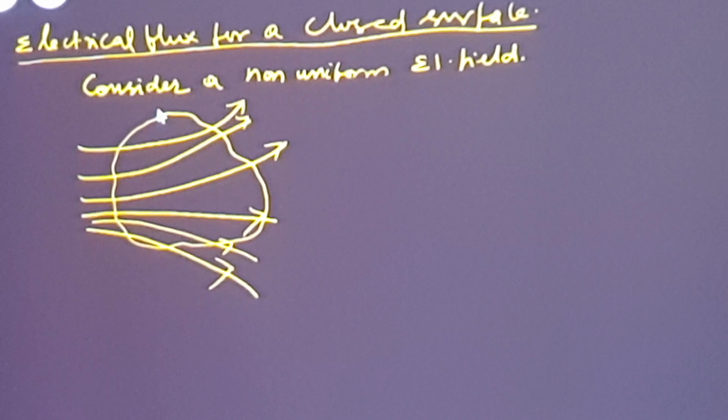What we discussed in the previous case is an arbitrary surface, whether it is closed or not, an arbitrary curved surface. But here it is not the case. Here we are going to consider a closed surface. In that closed surface, inside a non-uniform electrical field, what is the value of the flux available?